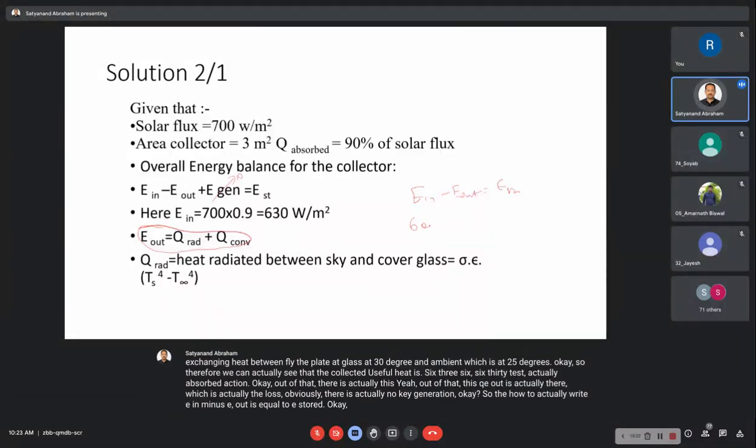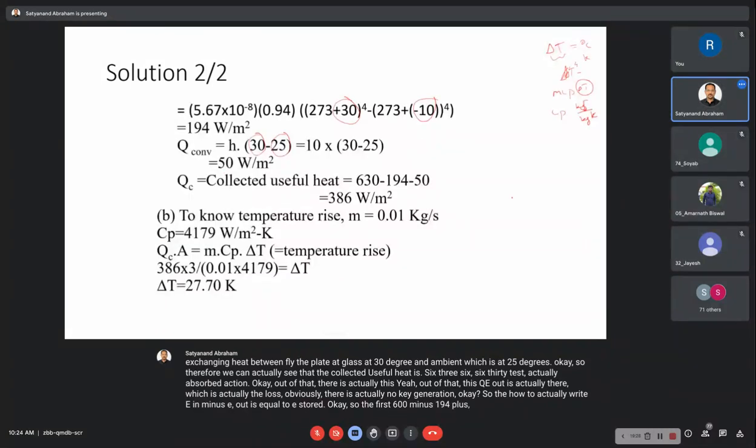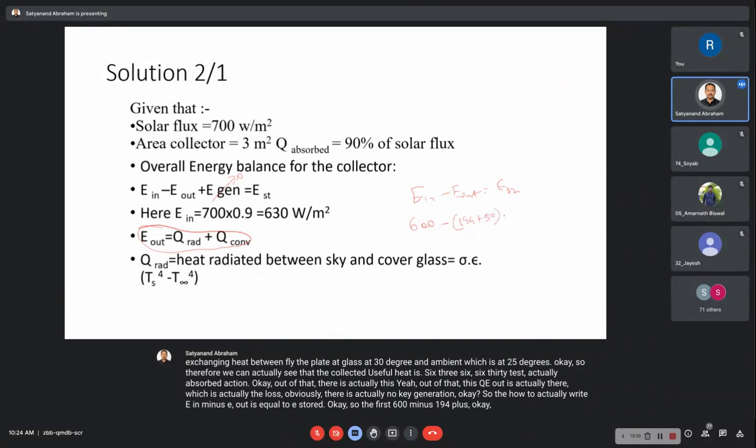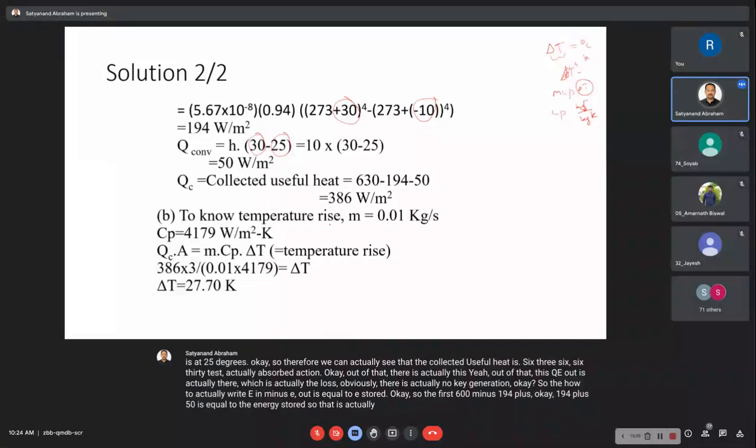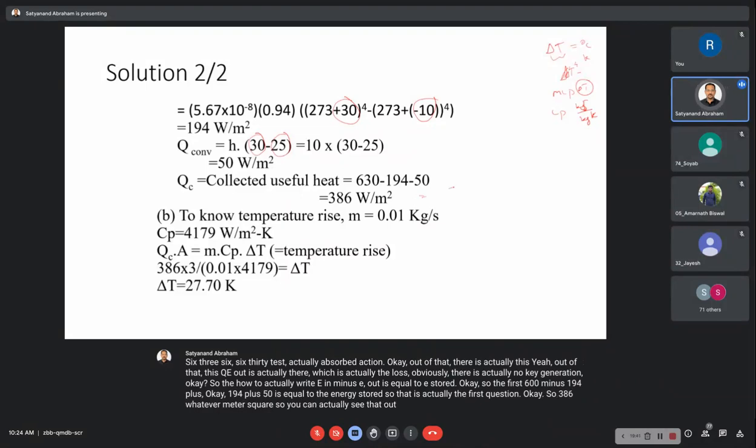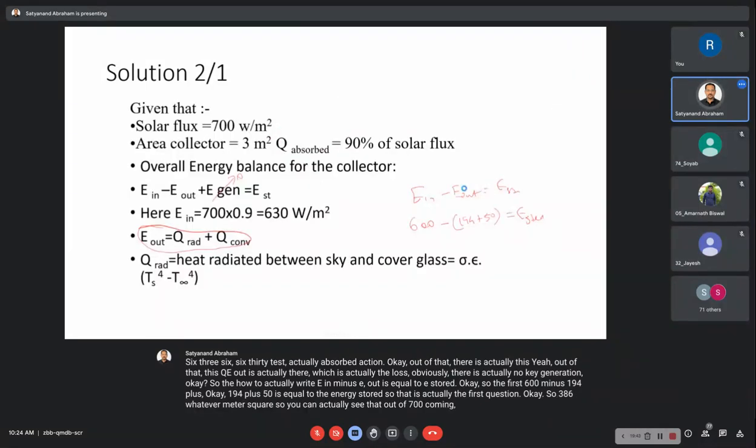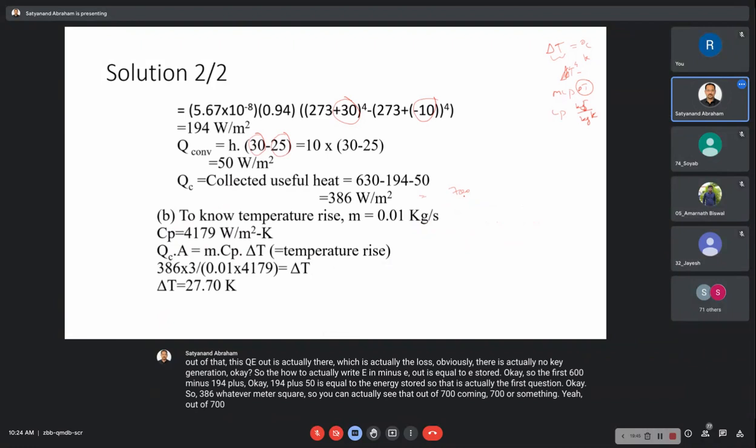Therefore 630 minus 194 plus 50 is equal to the energy stored. So that is the first question, 386 watt per meter square. You can see that out of 700 coming in, only nearly half is going to be saved.